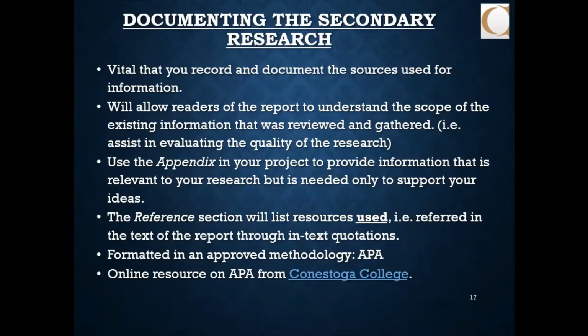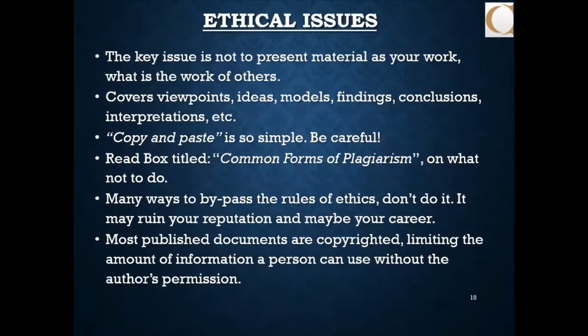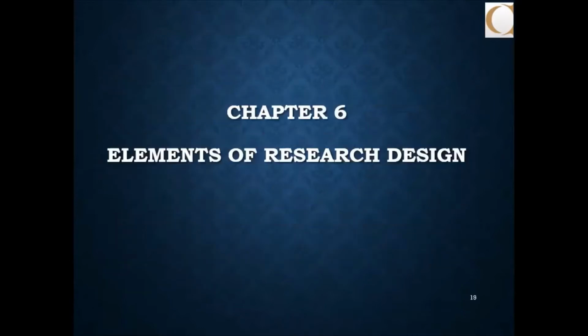Record and document the sources used for information in APA format, and do your references section at the end. And also don't plagiarize, like don't copy and paste, put it in your own words.